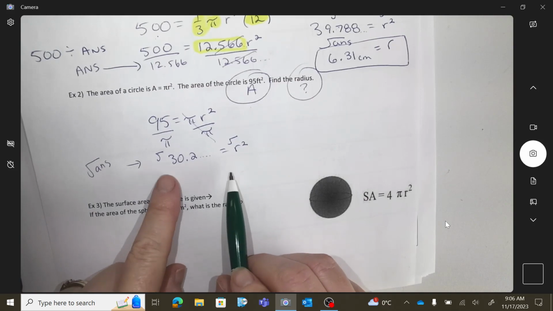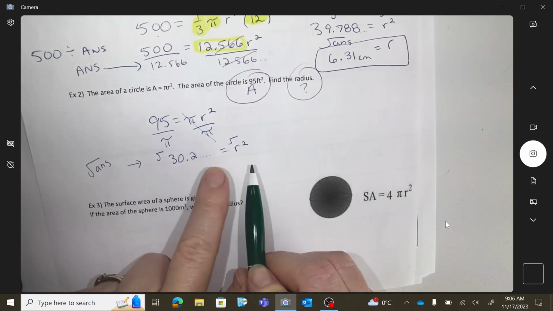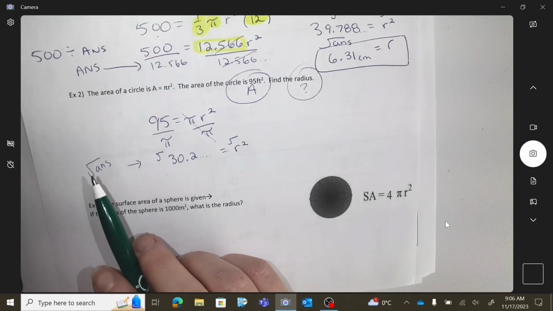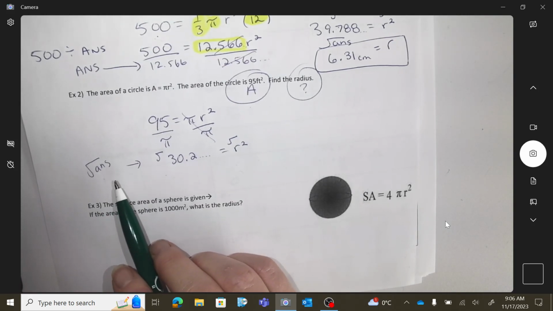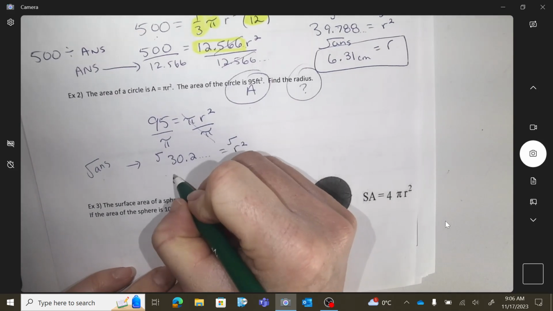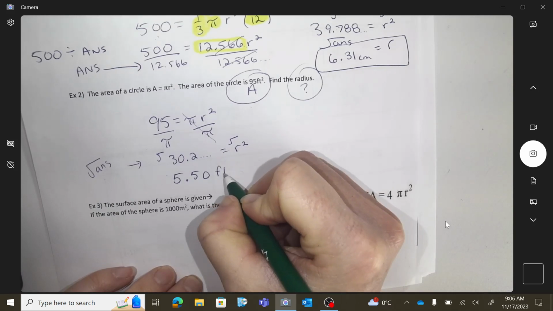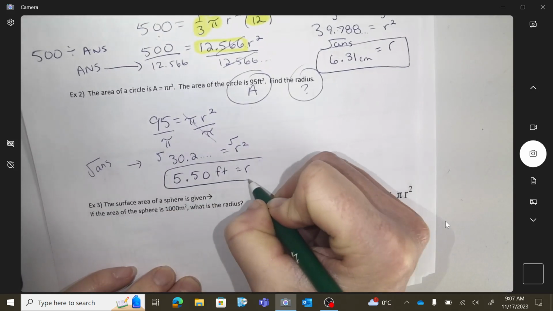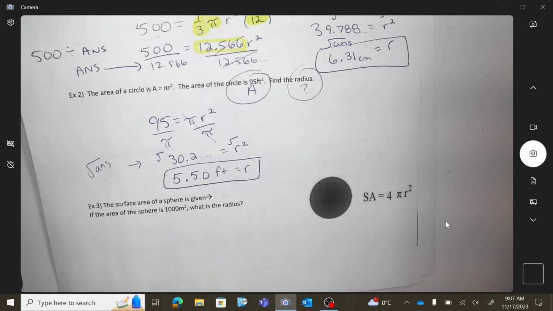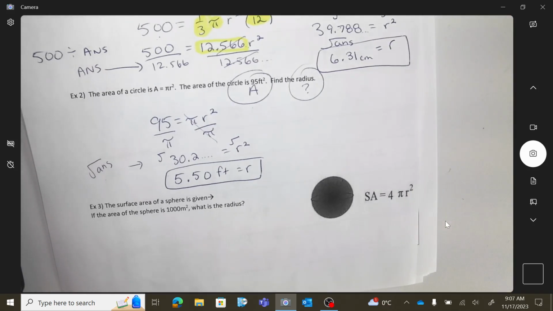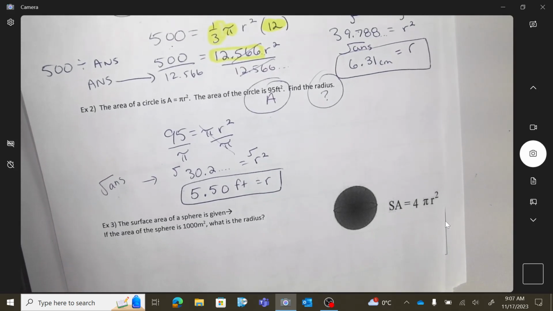And then I need to square root to get r alone. And again, square rooting the answer button. Okay, make sure you notice that that one was in feet, right? Bless you.